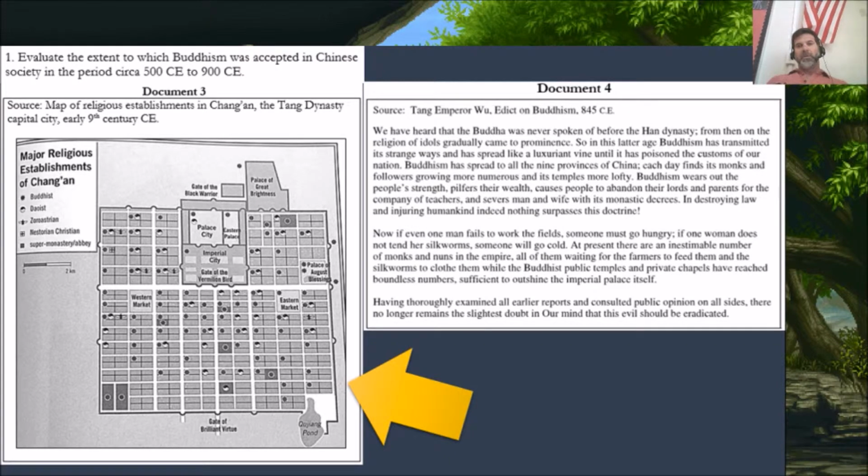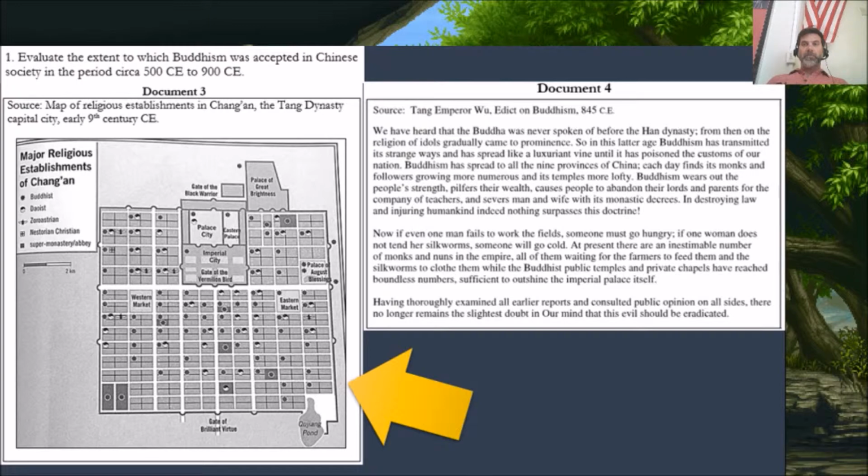Across the whole city, you see a bunch of Buddhist temples and monasteries, at least as many as there are Taoist, which indicates that this is evidence that Buddhism has become widely accepted by the early 9th century in China.